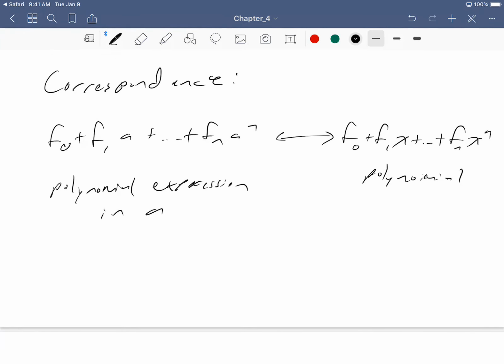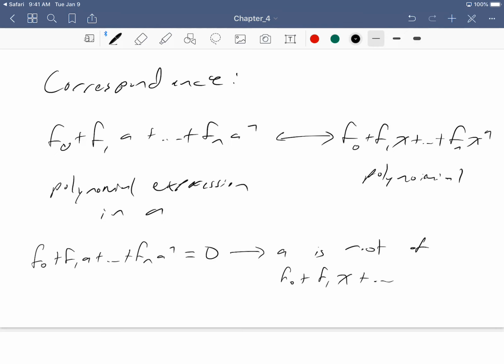Moreover, if f0 plus f1 a plus dot dot dot plus fn a to the n equals 0, that tells us that a is the root of that polynomial, which is going to be a useful thing to do. We can do this either way. If we know a is the root of a polynomial, we get this expression set equal to 0.